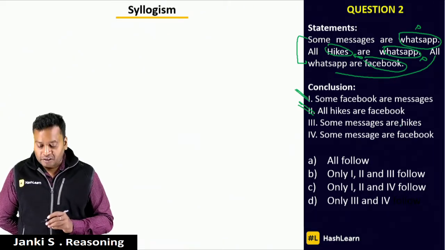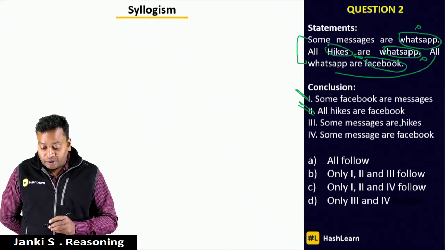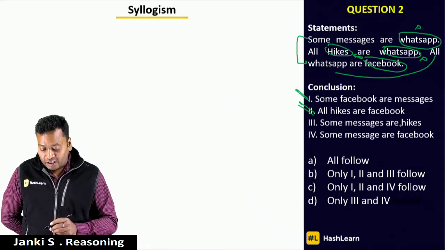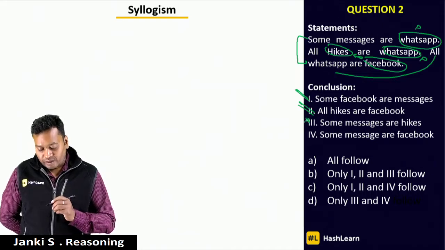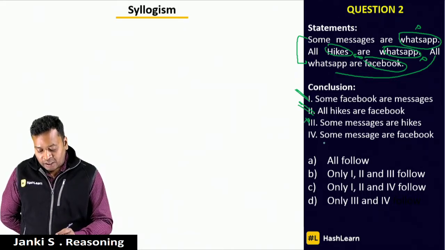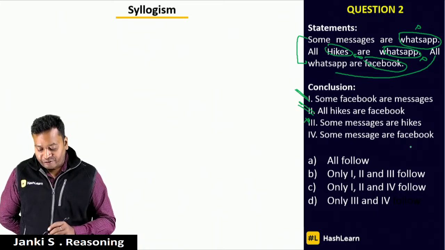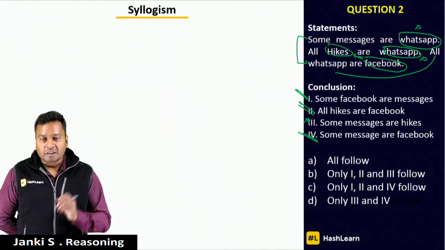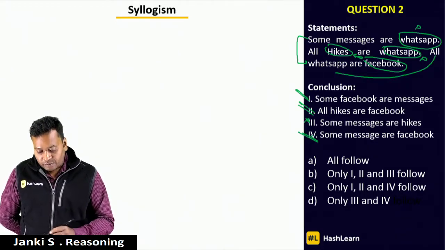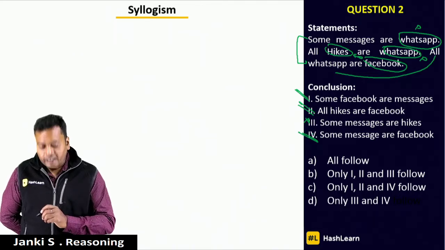Then some messages are hikes. क्या था condition? ये पता करना थोड़ा सा मुश्किल था, right? Now next one is some messages are Facebook. So if I know some Facebook are messages, some messages are Facebook is definitely possible, right? So ये possibility है, ये और ये तो पक्का है, right?